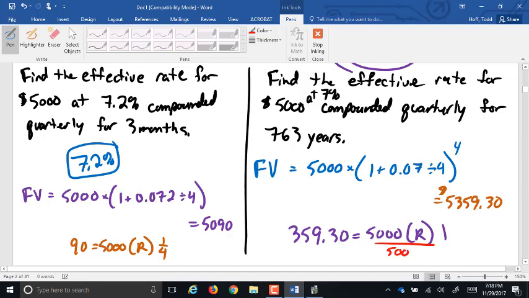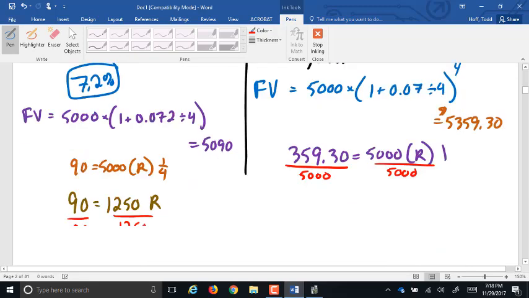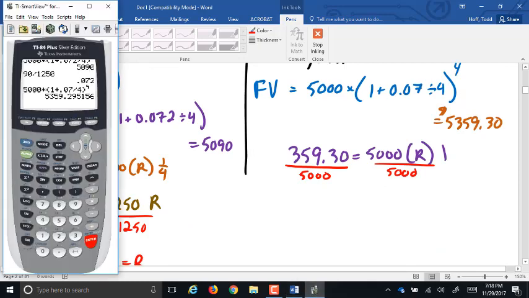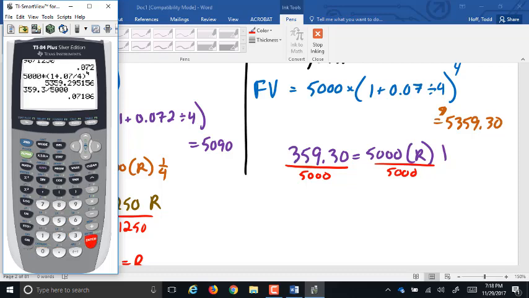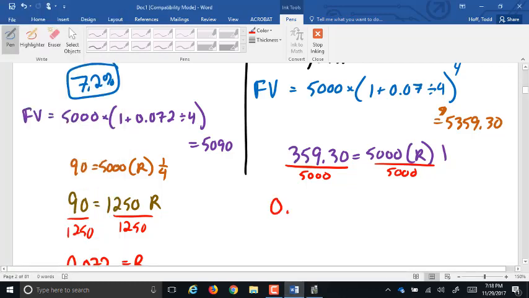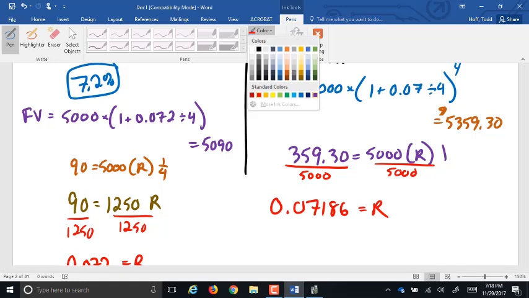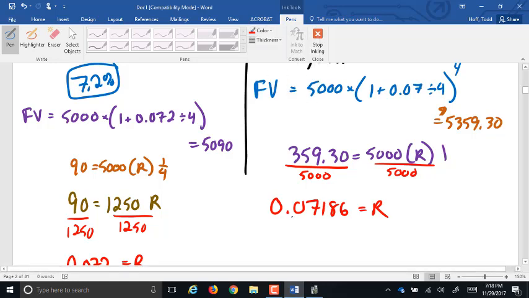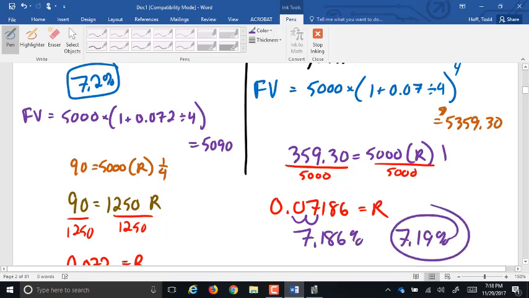So we just have to divide by 5,000. 359.3 divided by 5,000 is 0.07186. Move that decimal point over: 7.186%, which is 7.19%.